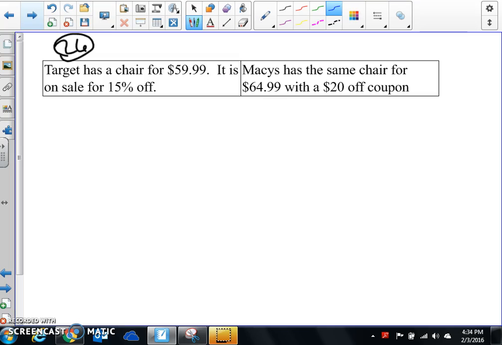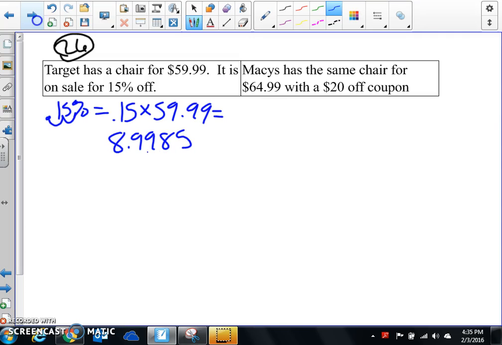Target has a chair for this. Okay, so it's on sale. I turn this 15% into a decimal. Multiply by $59.99. And I get 8.9985. Remember, this is money, so this is going to round up to $9. That's the discount.